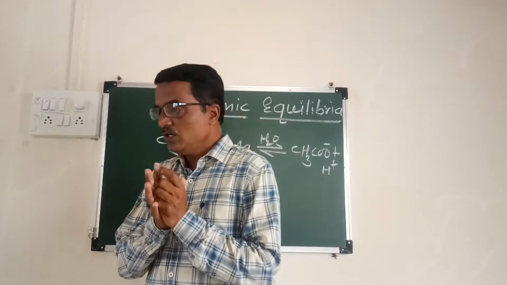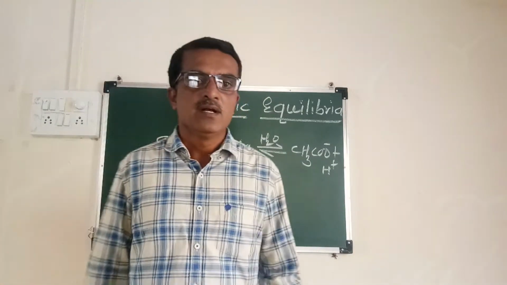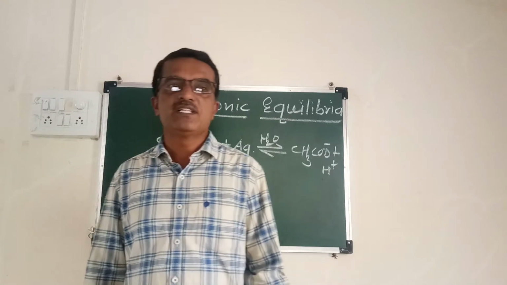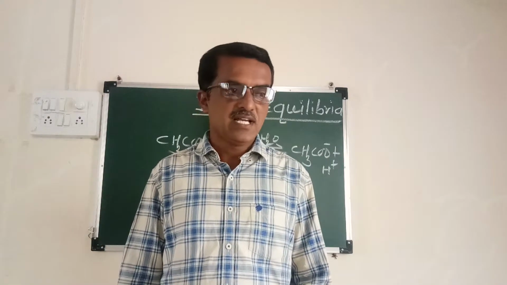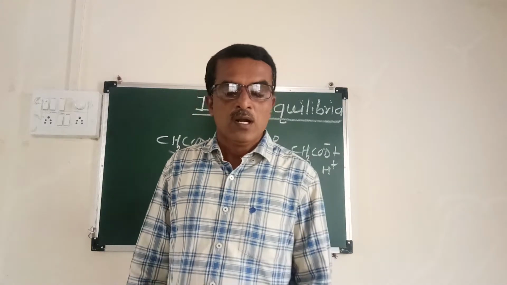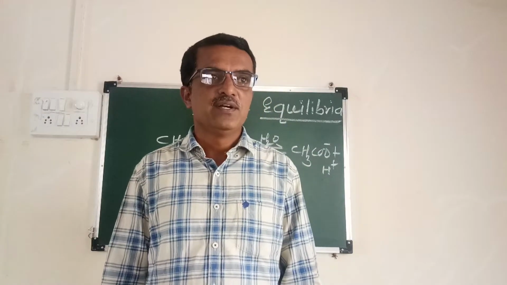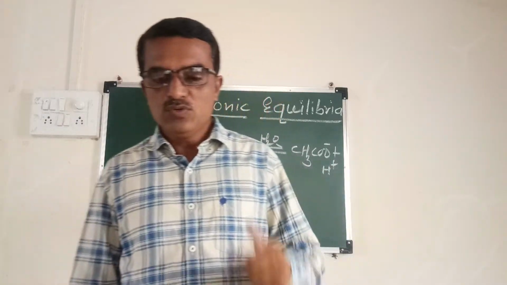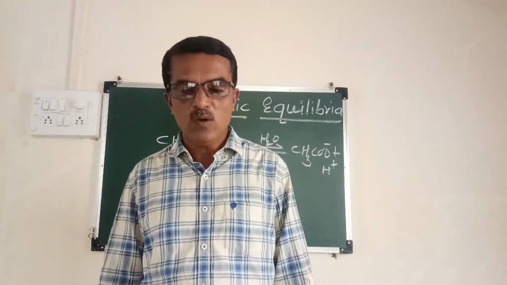Now before starting this Ionic Equilibria, we must know some concepts. First concept is the electrolytes. What is meant by the electrolytes and what is meant by the non-electrolytes. Electrolytes are the substances which give rise to ions when dissolved in water.